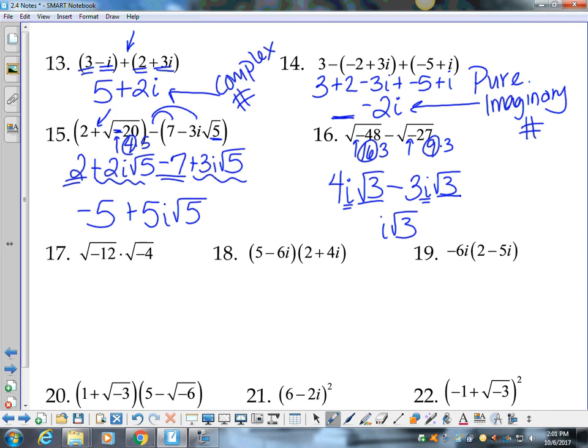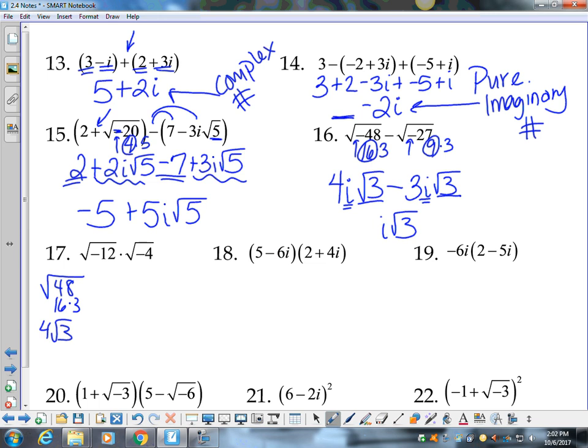Okay, a lot of people miss this next one because they just multiply and they get root positive 48, and then they'll go 16 times 3 and they'll get 4 root 3. And they'll say, well, I multiplied, so the negatives went away, so I didn't have to mess with any i's. But you can't do any operations with a problem that has a negative up under the root. It's almost like it's stuck.